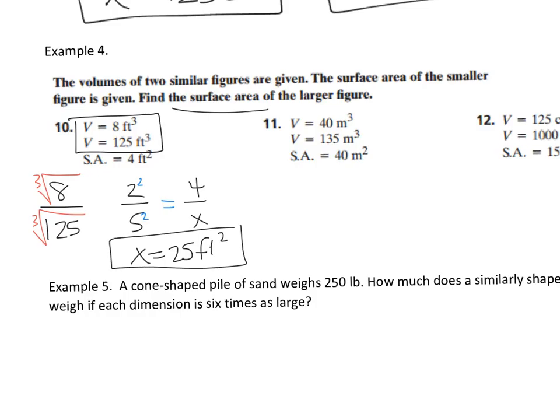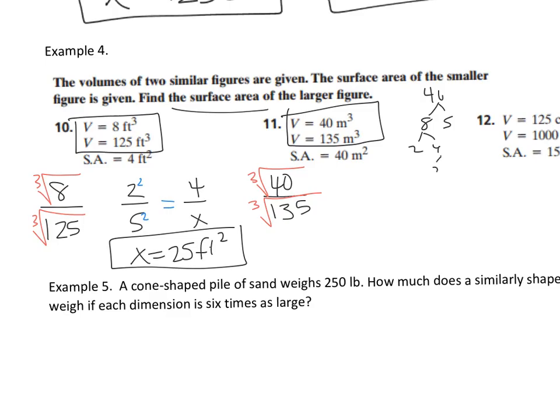So the next one, you have volumes. So to compare volumes, you do the cube root. So you're having 40 over 135, but then you're going to take the cube root of each. Off to the side, remember doing that cube root of 40? You break down 40: 8 and 5, 2 and 4, 2 and 2.